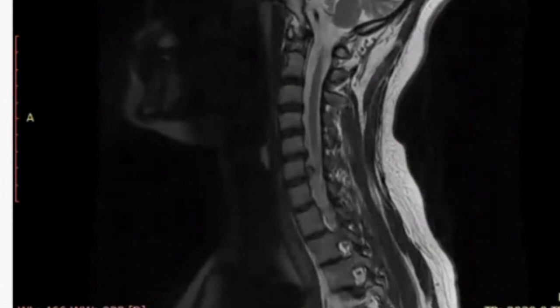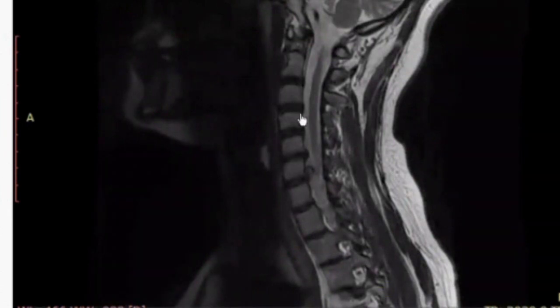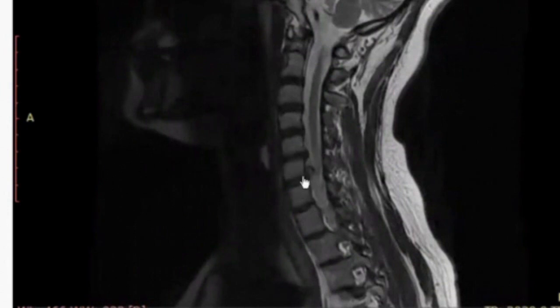This was recent, around the middle of February or sometime like that. She was offered surgery because, as you can see, there is a disc prolapse here, counting 2, 3, 4, 5, 6, yes, between C6 and 7. There's a disc prolapse here, which was compressing her nerve root.